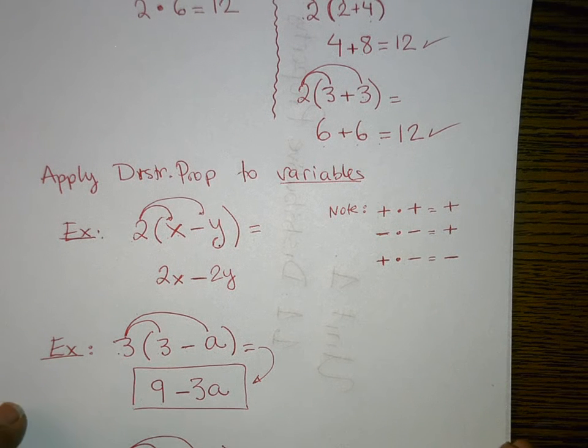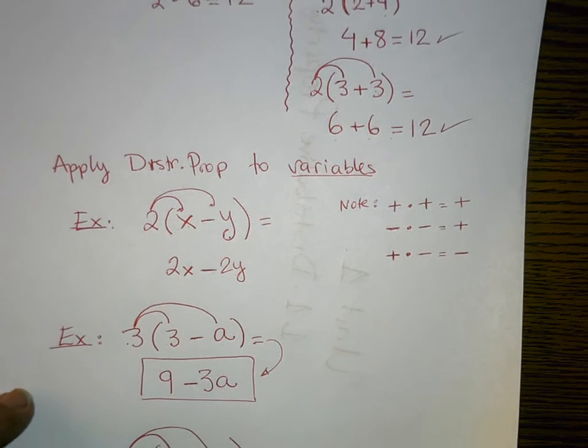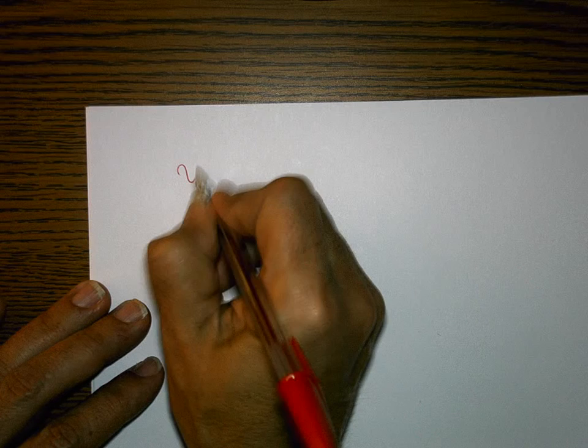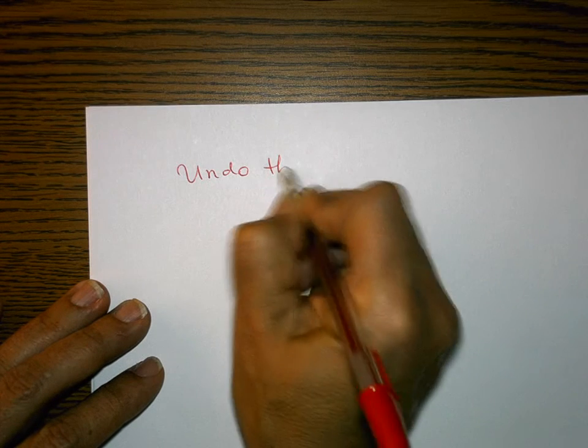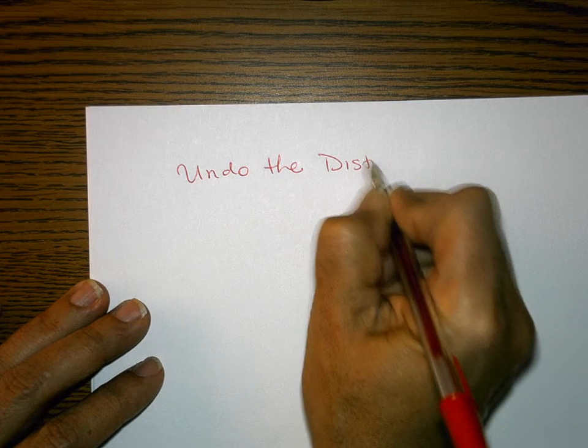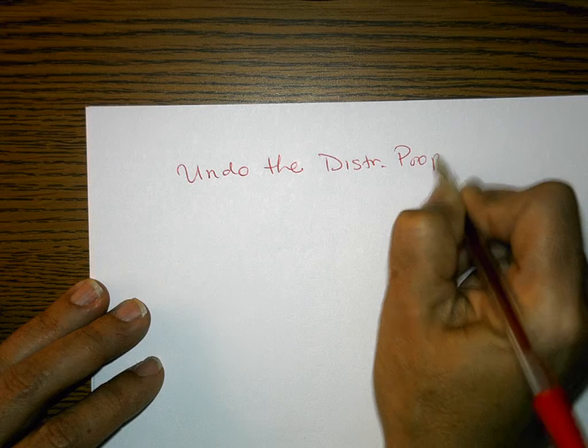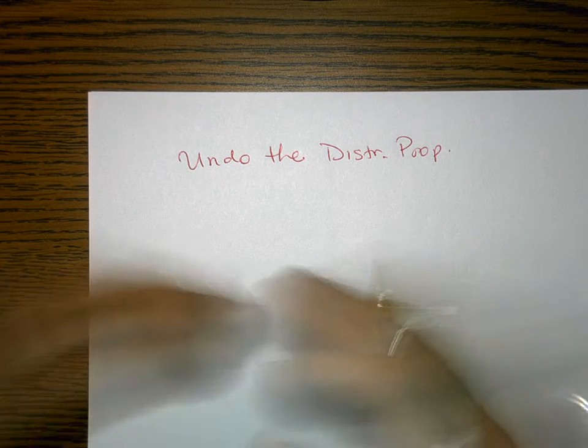Now, besides the distributive property in here, we also want to do, can we undo the distributive property? So let's explore undo. Can we undo the distributive property? Can we work backwards?